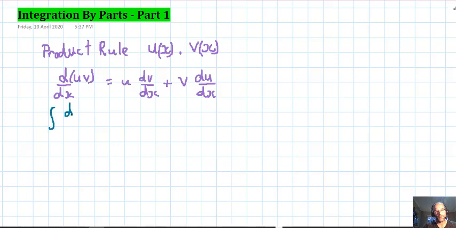If we integrate both sides, we have the integral of the derivative. Sounds contradictory because in a sense it is. So we find the integral of both sides. We proceed like this.